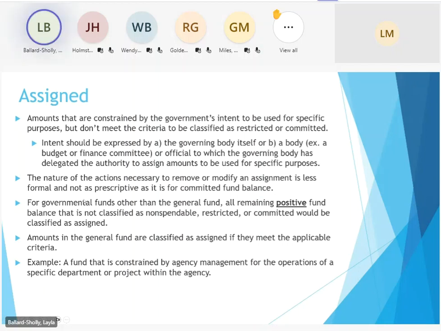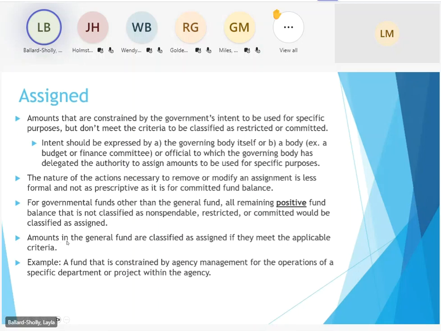So every fund but the general fund. If you have anything that doesn't fall in those other categories and it's positive, then it's assigned. It's not true if you have a negative balance, but I'll get to that in a second.